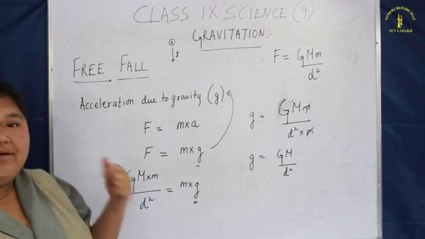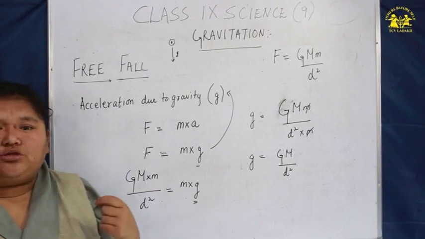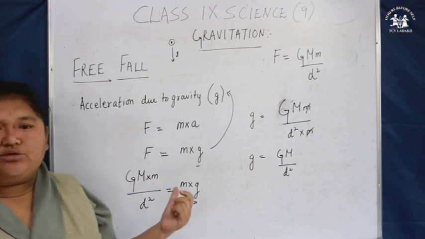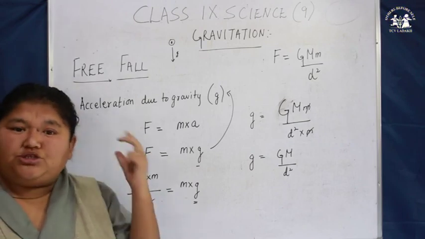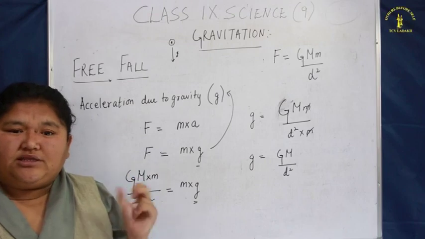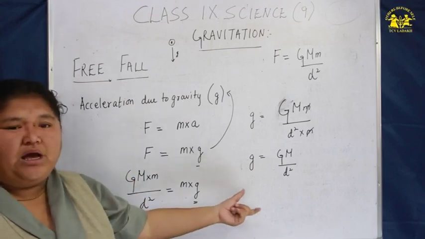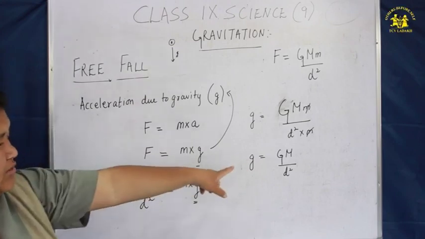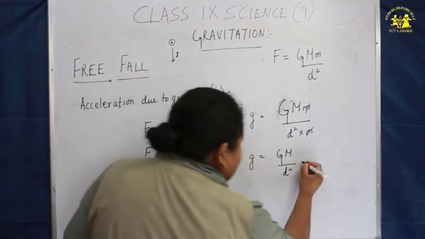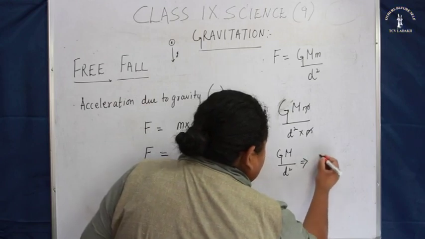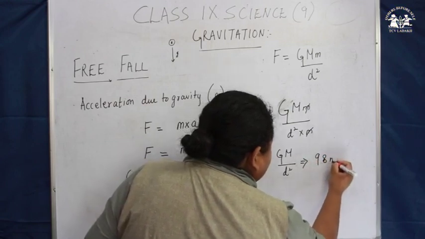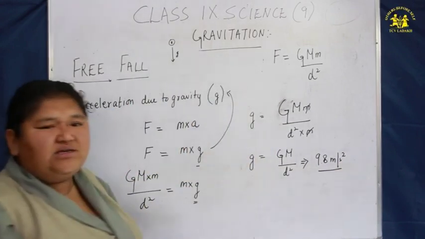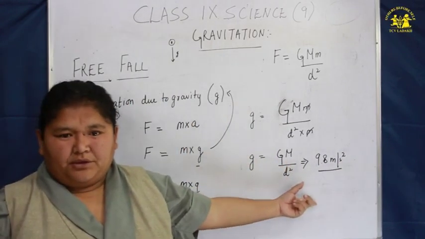Now while solving numerical problems, the value of g is fixed. The exact value of acceleration due to gravity is 9.8 meters per second square, right?